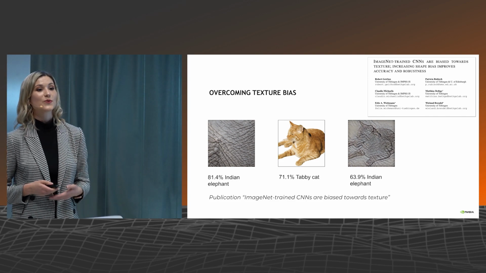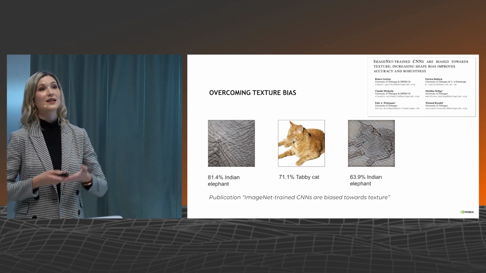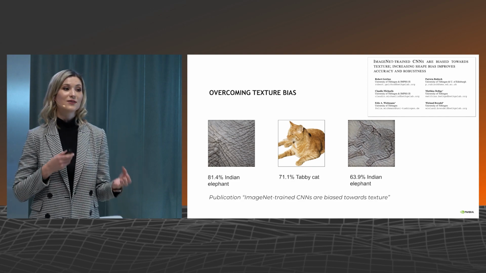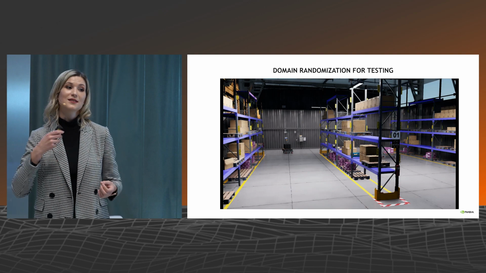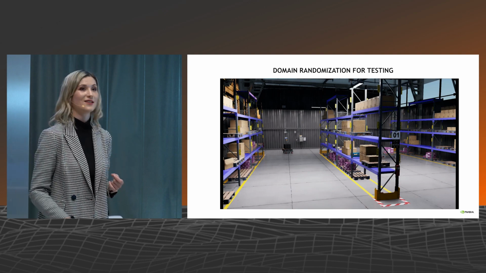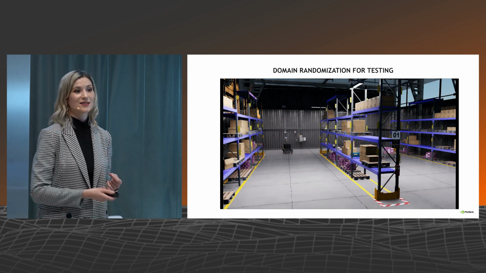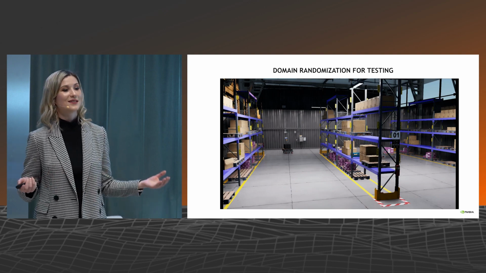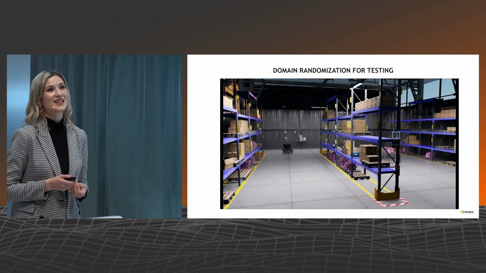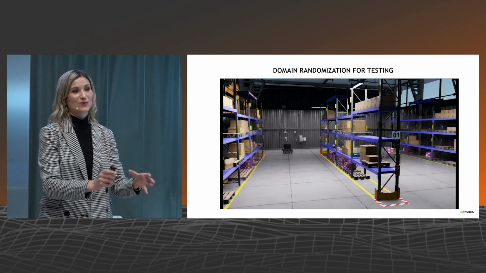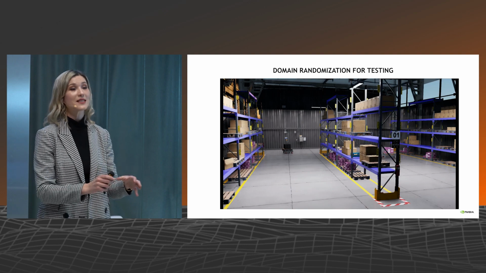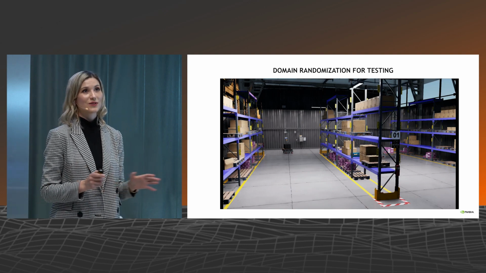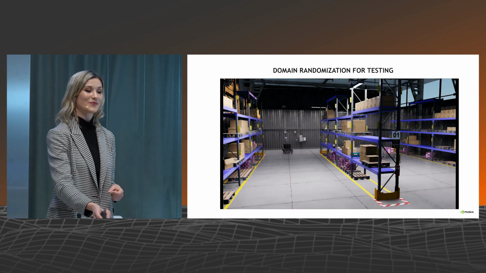And here is where domain randomization can help you to overcome this texture bias. Meaning that you can take your cat and you can synthetically generate all kinds of funky textures. You can create some crazy colors or crazy, I don't know, fur textures, and force this network to explicitly learn the shape of this cat. So this is another good application of domain randomization.